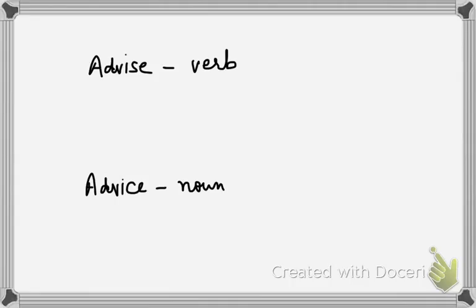Just remember that S is nearer to V, as in S, T, U, V, so the one with an S is the verb, and the other one will be a noun. What is the difference between noun and verb? A noun is the name of a place, thing or feeling, basically a name, and a verb is an action word.